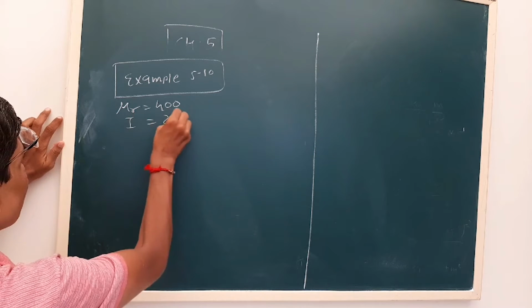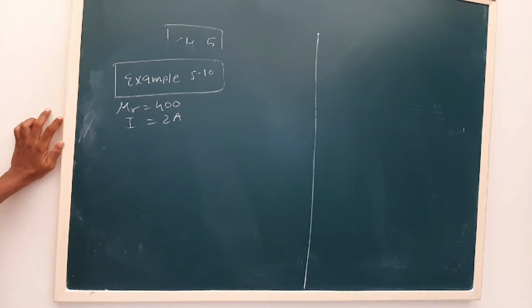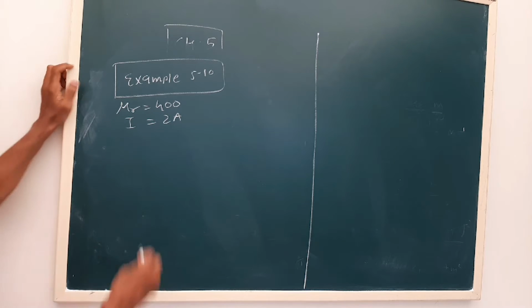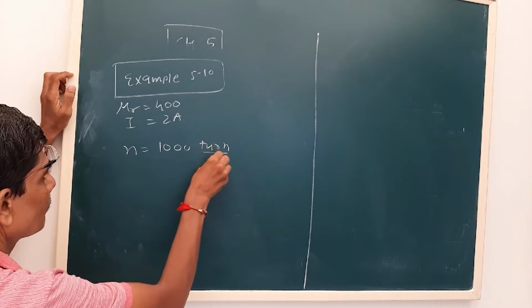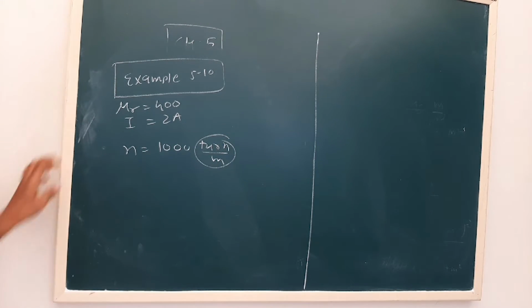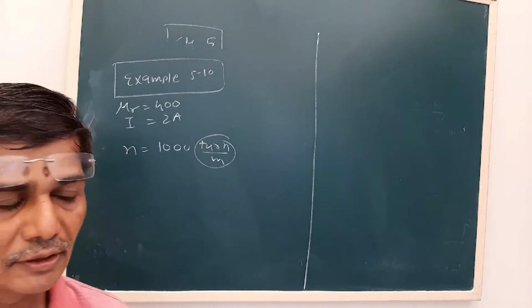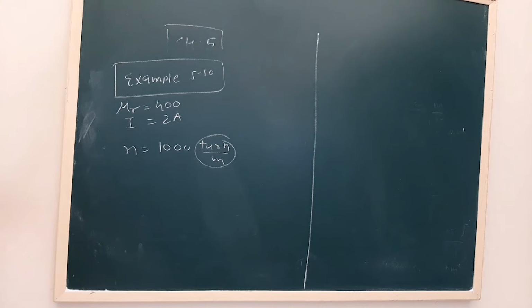The number of turns n is 100 turns per meter. This should be in the required unit, but right now it is given appropriately, so we need not convert this.